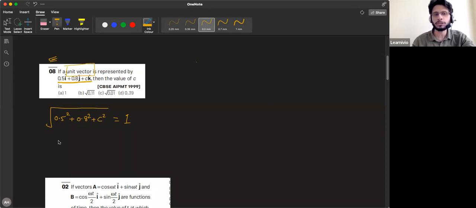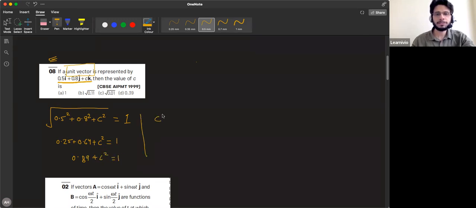Then take square on both the sides. So 0.5 squared is 0.25. 0.8 squared is 0.64, plus c squared is equal to 1. So 0.25 plus 0.64 is 0.89, plus c squared is equal to 1.